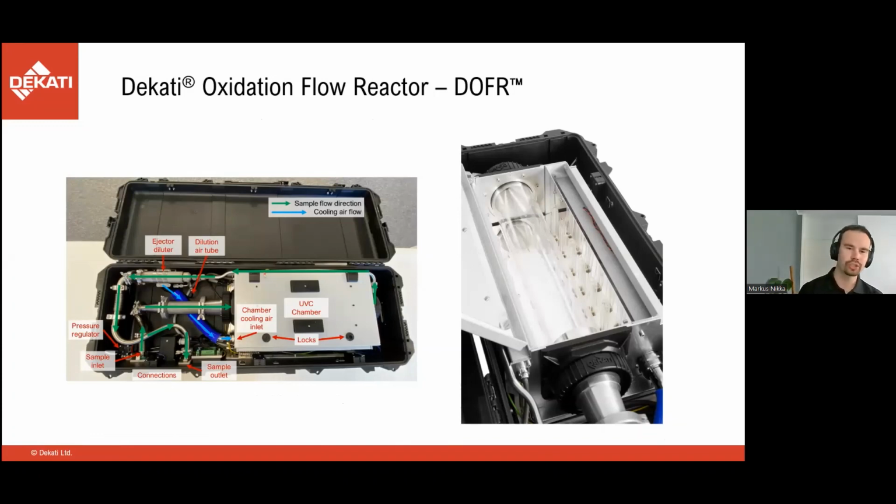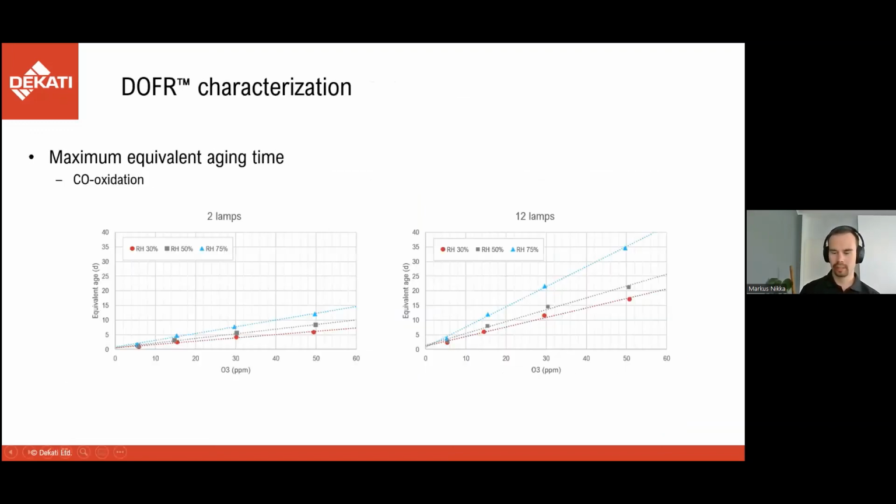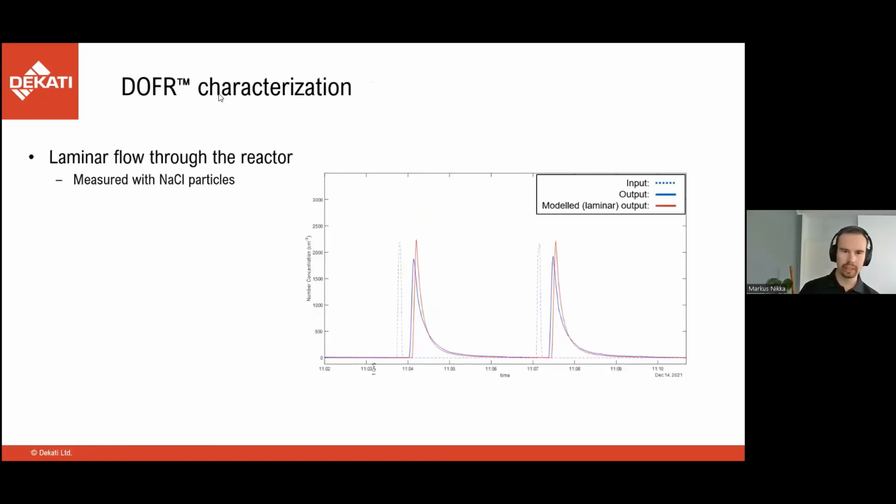Next question: how do you prove laminar flow? Basically, this measurement in this graph shows that the flow through the reactor is laminar. The red line is based on a laminar model.